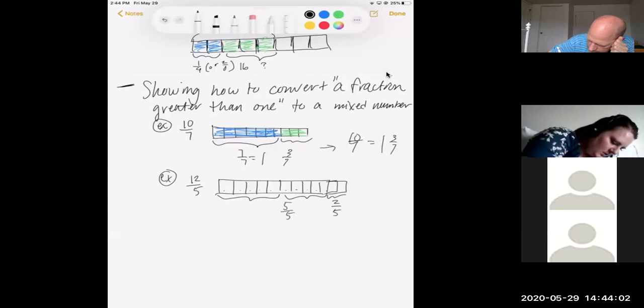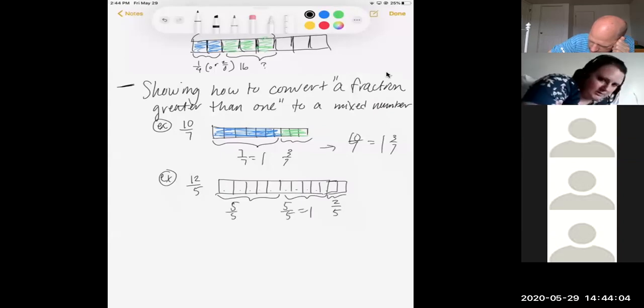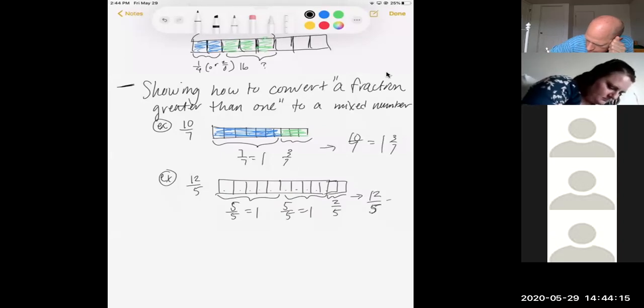There's 5/5 here, that's 1. 5/5 here, that's 1. So 12/5 can be converted to 2 and 2/5. Okay, so you see the picture of the conversion. We can shade out the 2 here in a different color. So you can see the difference between the wholes and the part.